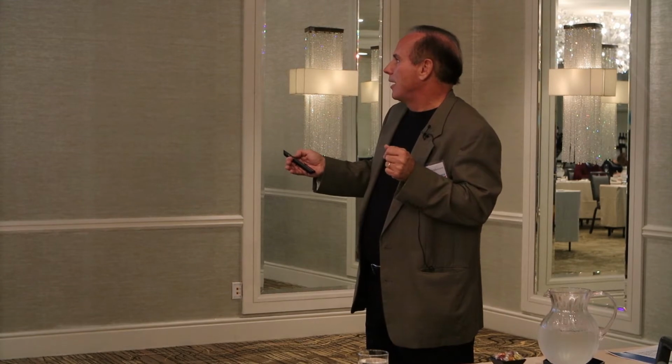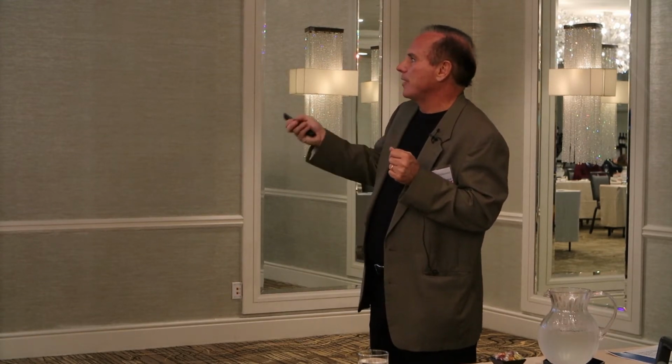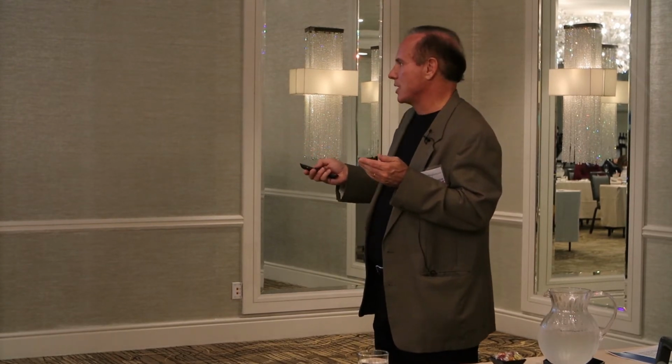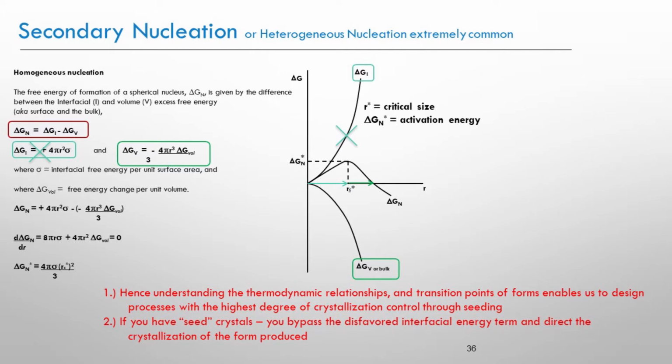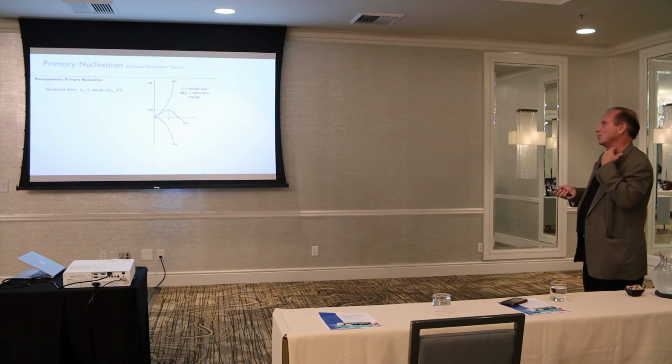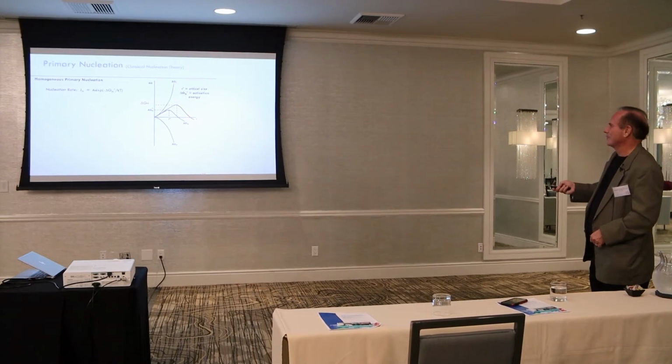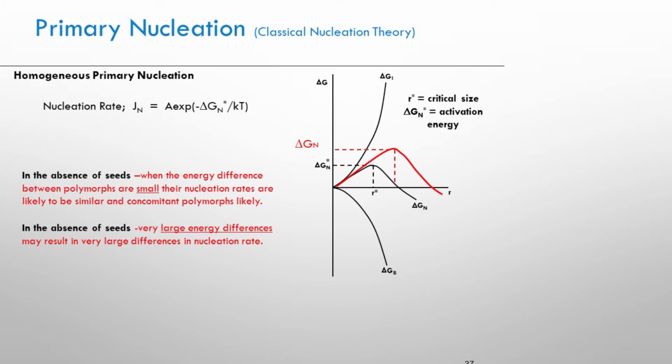But if you remove that interfacial tension through seeding, you can direct the crystallization to the form that you desire. If you have seed crystals, you bypass the disfavored process of nucleation. If you do the inverse of that, which is nucleation rate, basically the bigger the energy difference between the crystalline forms, the higher the nucleation activation energy.